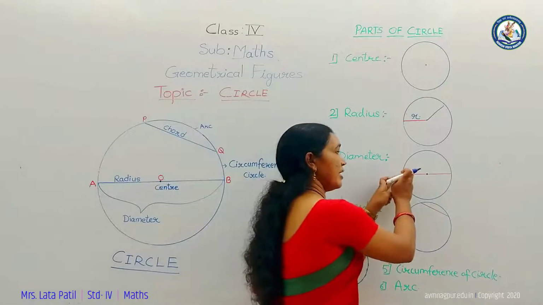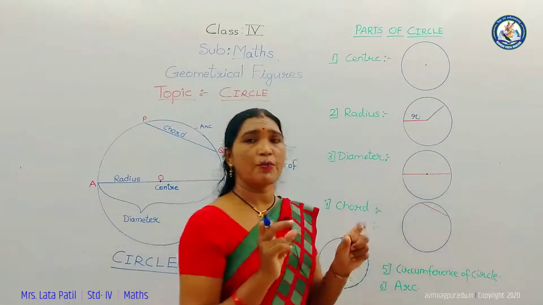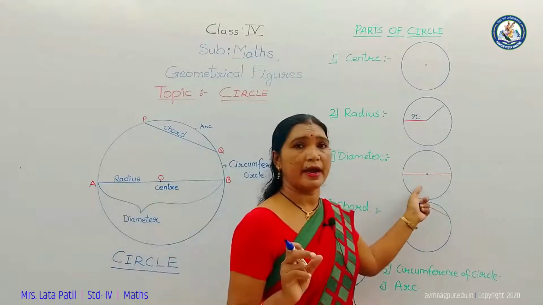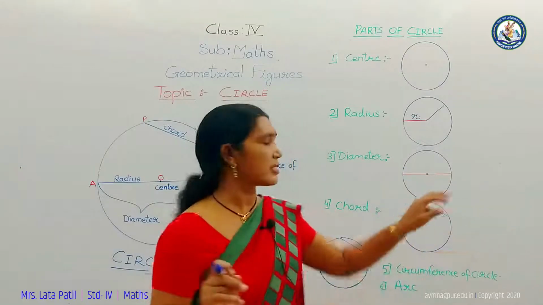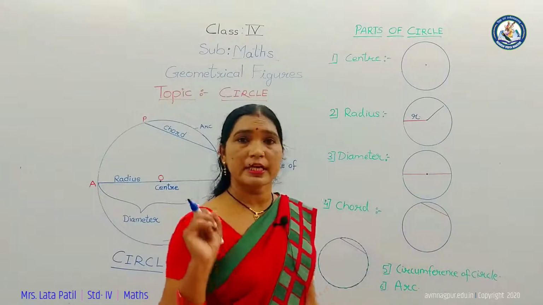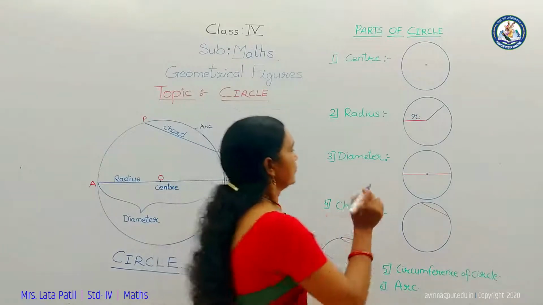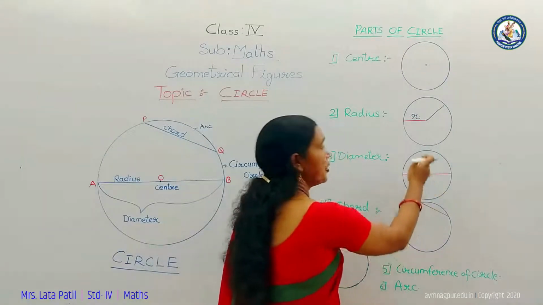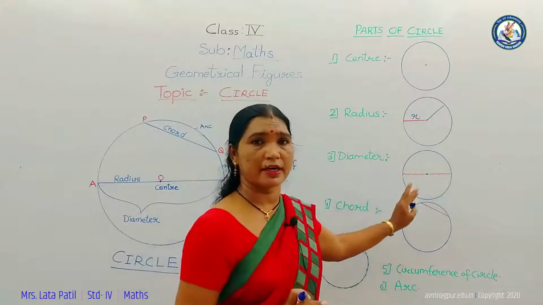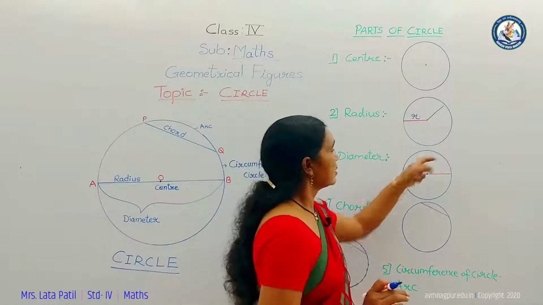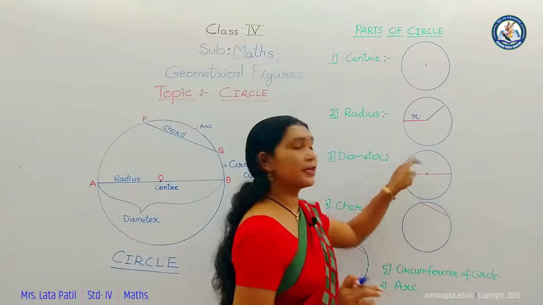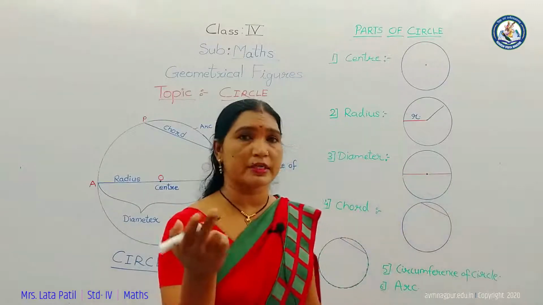Diameter is the line joining two points on the circle by passing through the center of the circle. Now we can draw numerous diameters in the circle. These lines divide the circle into two parts.